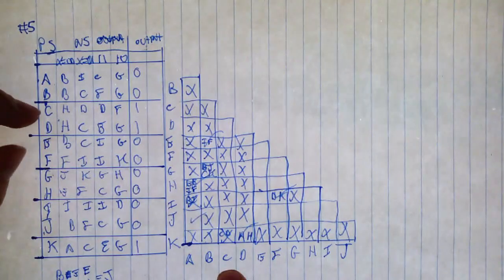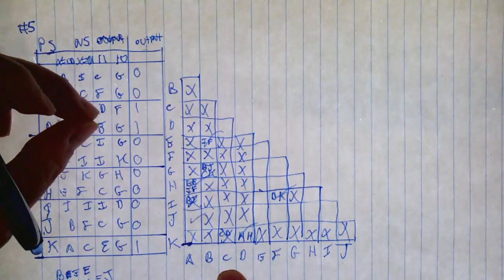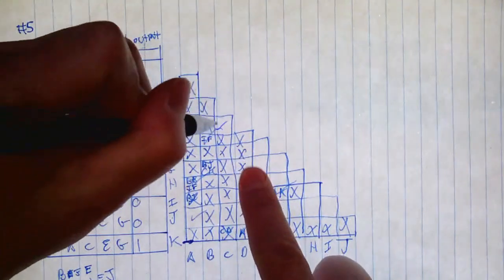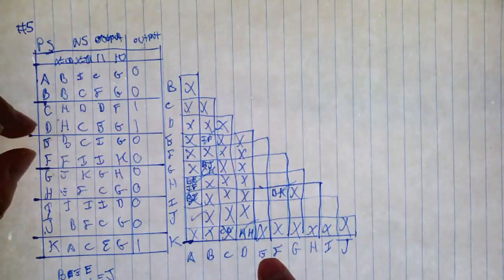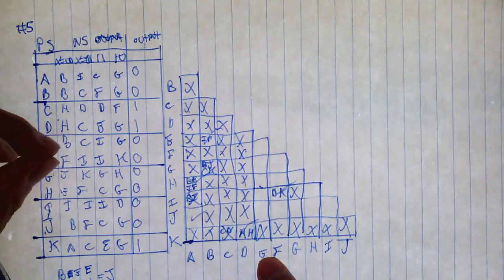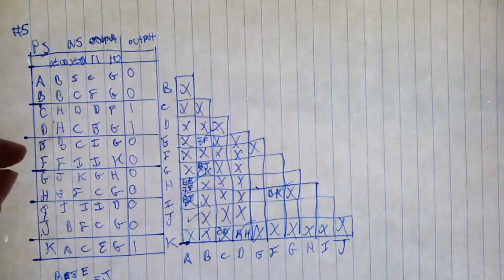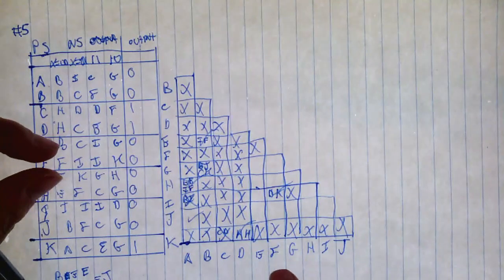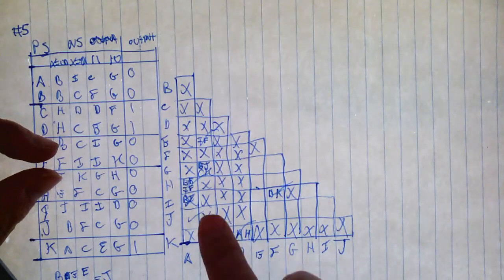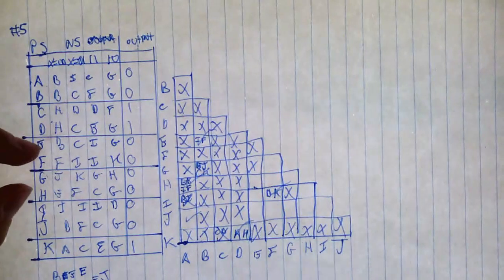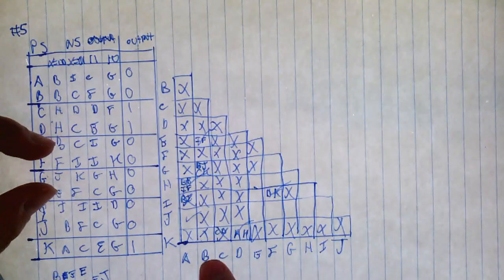Let's look at C and D. D and E is no good, right? How about E and F? E and F needs B and F. B and F is no good. How about E and G? E and G is BJ. BJ has got an X, so that's got an X. EH. EH is EBE.